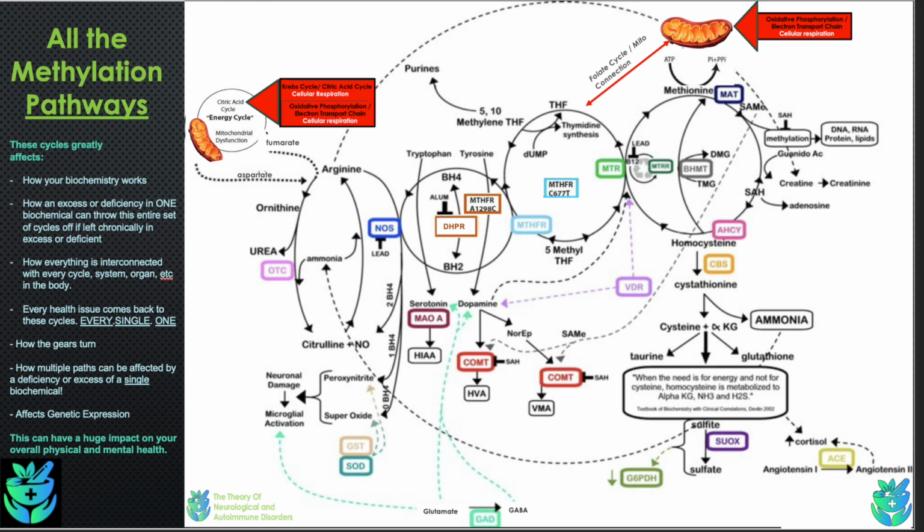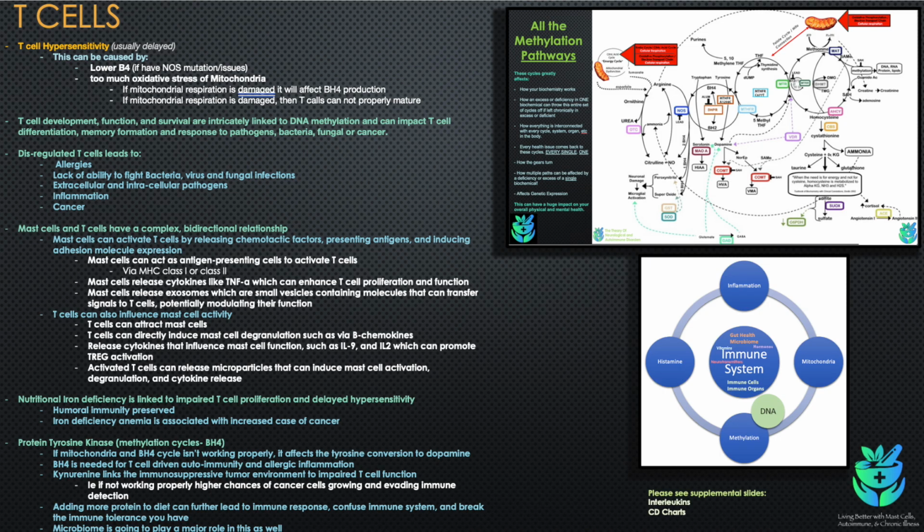BH4 is needed for T cell driven autoimmunity and allergic inflammation. Kynurenine is a molecule that breaks down the essential amino acid tryptophan in the BH4 cycle. Kynurenine links the immunosuppressive tumor environment to impaired T cell function, i.e., if it's not working properly, higher chances of cancer cells growing and evading immune detection.